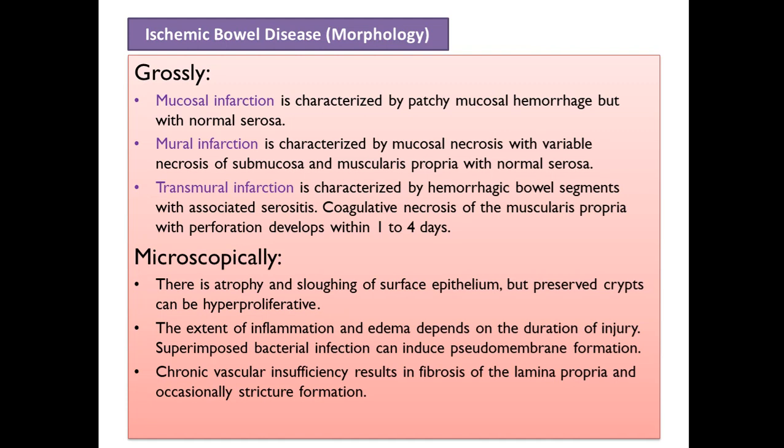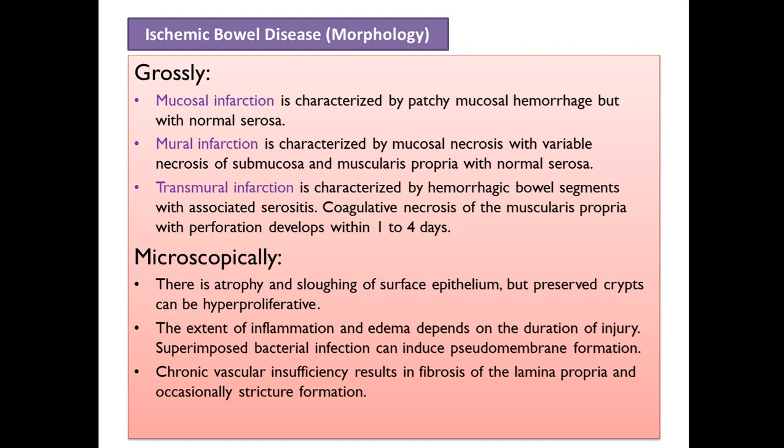While in transmural infarction, there will be hemorrhagic bowel segments, and there will also be associated inflammation of the serosa and coagulative necrosis of the muscular layer. Death of the smooth muscle cells can lead to perforation, and mostly perforation is seen in transmural infarctions in the 1 to 4 days period.